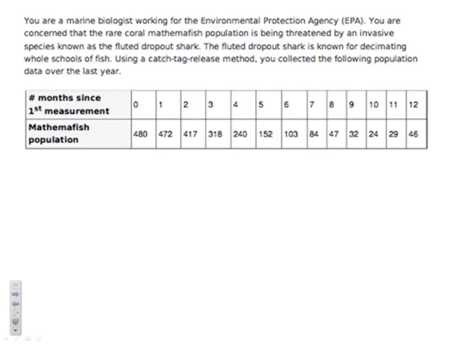All right, this next set, you're going to have to plot the data and see what it looks like. You can plot the data using a graphing calculator or an online graphing calculator. So take a minute, read the question, write it down, and plot it.